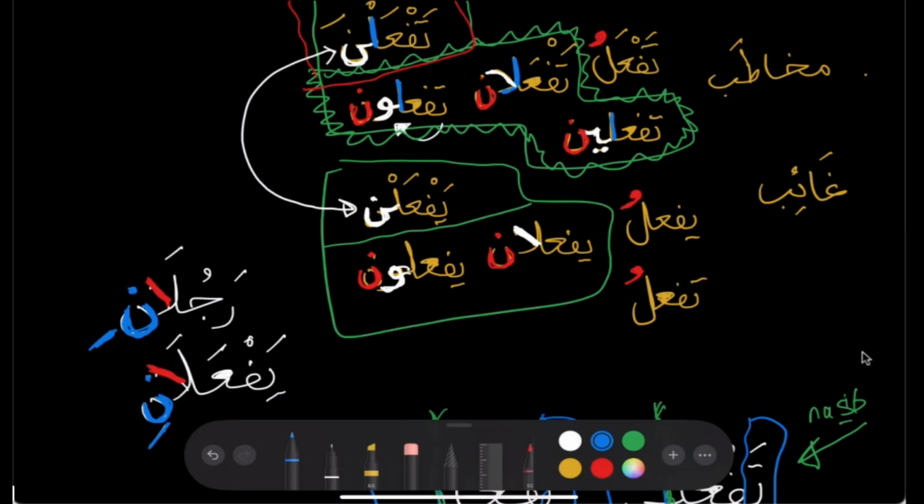The alif in rajulani is something, and the noon is something. And in yaf'alani, the alif was something else, and the noon was something else. But both of them are for two. So what happened there? Arabic language made the sound stay consistent.